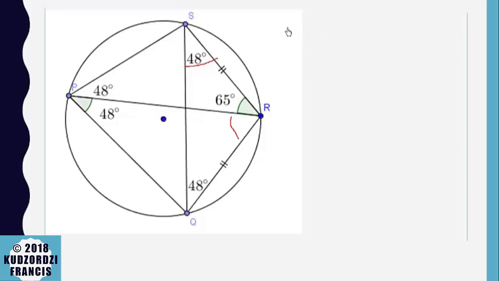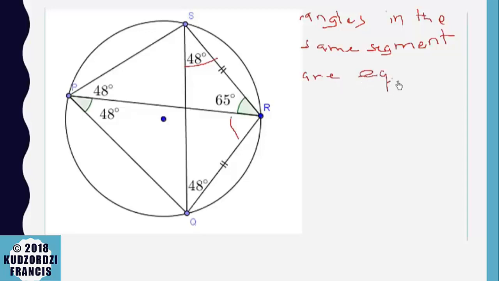So we are basing our arguments on these two: angles in the same segment are equal, and the second one, angles subtended by equal chords are also equal.